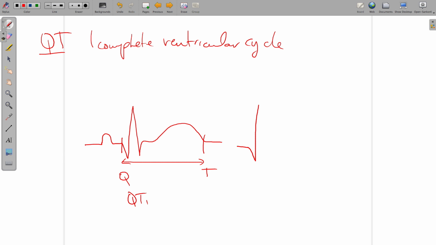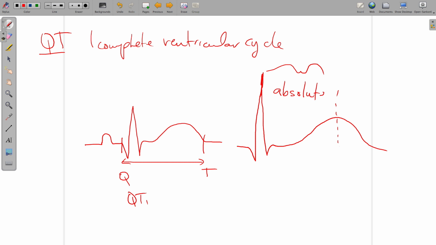If you look at the QRS complex in isolation, and then you add a little bit of a ST segment and T wave here, when you get to the peak of the R wave, the peak of the R wave represents the most depolarization that the ventricular cycle undergoes, meaning that the majority of the ventricular tissue is depolarized right at the peak of the R wave. And from the peak of the R wave to about the midway point of the T wave, there is this time period that happens here, and it is called the absolute refractory period.